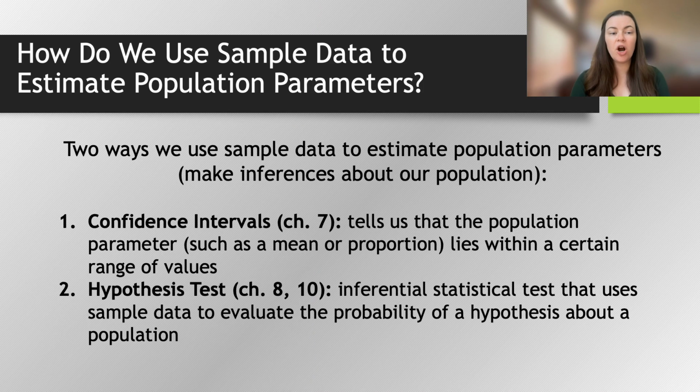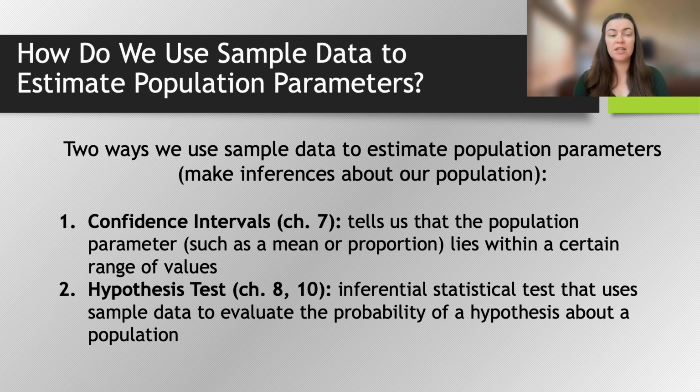So recall that there are two ways that we can use sample data to estimate population parameters. This is when we make inferences about our population. In Chapter 7, and in the last video we covered, we focused on the idea of confidence intervals, which tells us that the population parameter, whether it is a mean or a proportion, lies within a certain range of values.